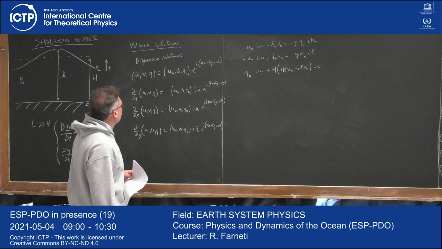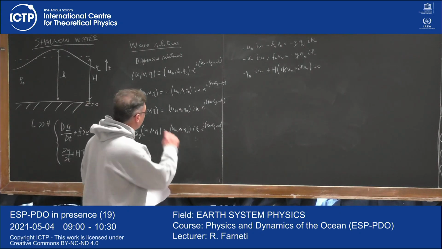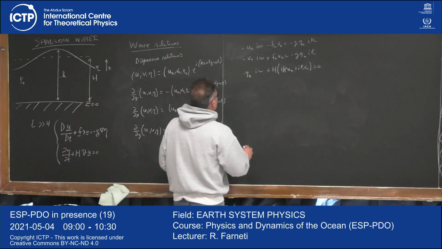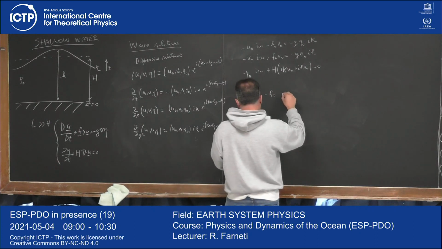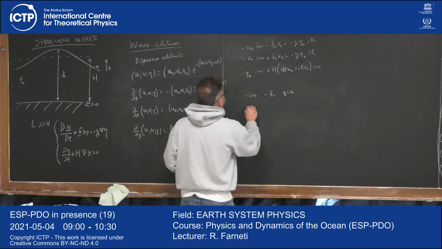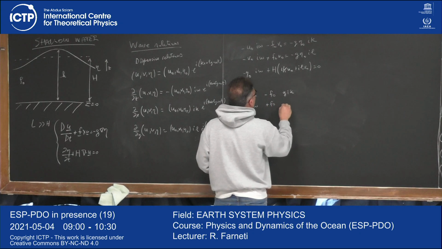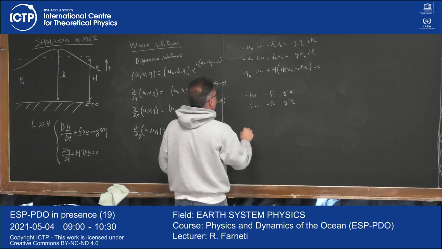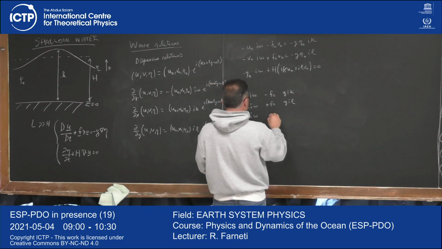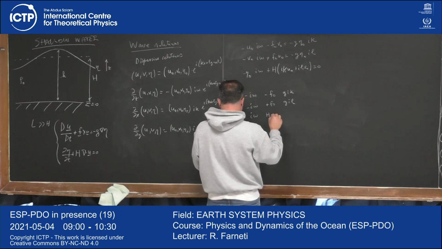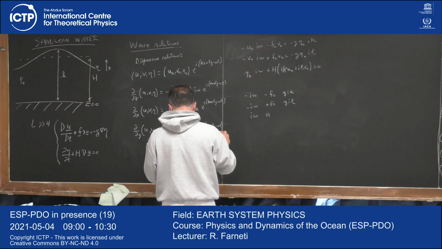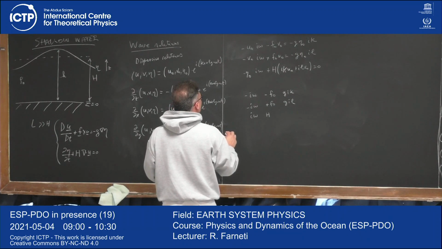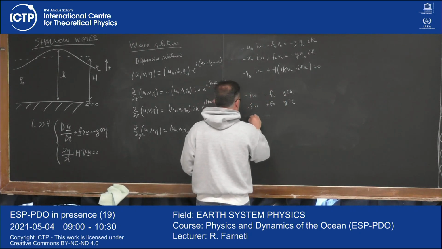Okay, so this is a system that admits solutions only if the determinant is equal to 0. So the determinant of this system is minus i omega, plus f naught, plus g ik, and then minus f naught, minus i omega, g il, and then ik h, il h, i omega. Sorry, I have to put the u here.